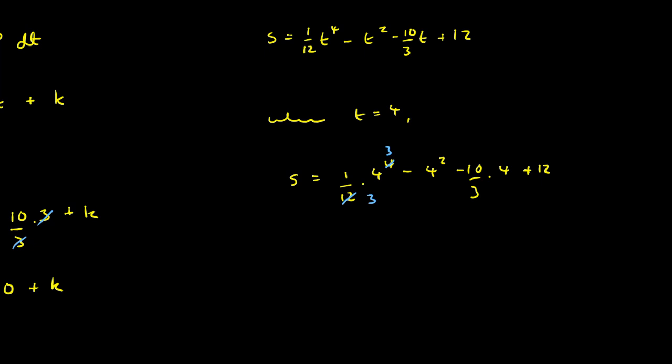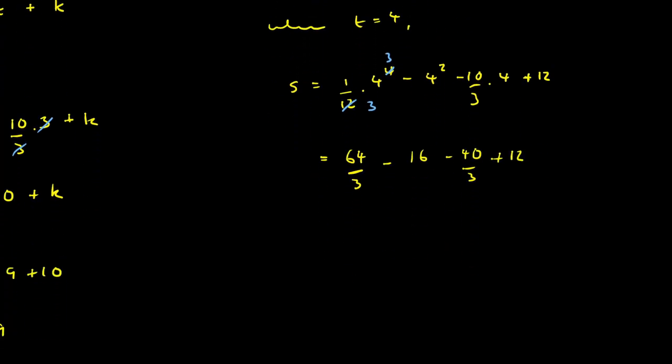And I think it's probably about as simple as I can go. So 4 cubed is 64 upon 3 minus 16 minus 40 upon 3 plus 12. So again, let's change all of that to thirds, I think. So 64 upon 3 minus 48 upon 3 minus 40 upon 3 plus 36 upon 3, beg your pardon.